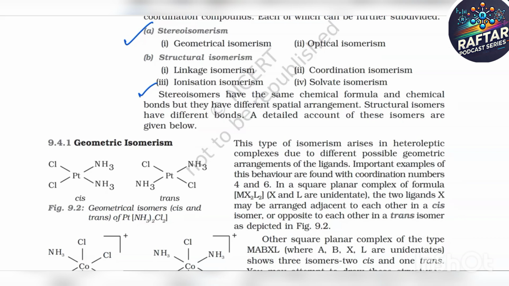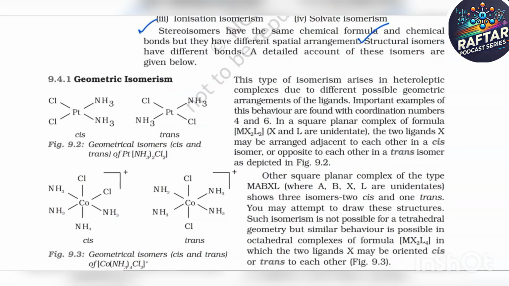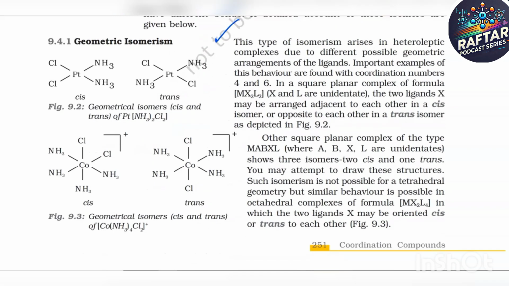Geometrical isomerism arises in heteroleptic complexes due to different possible geometric arrangements of the ligands. Important examples of this behavior are found with coordination numbers 4 and 6. In a square planar complex of formula MX2L2, X and L are unidentate.